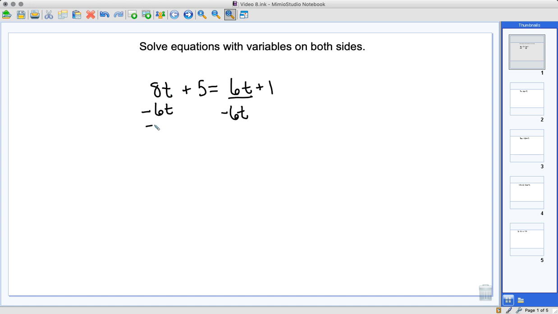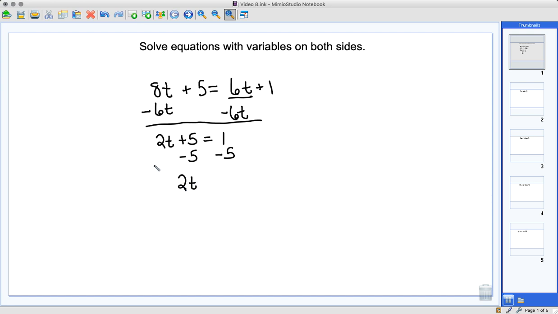So 8t minus 6t is 2t. I still have the plus 5, I didn't do anything with that, and I still have this plus 1 on the other side. So now again, we've related it back to a type of problem that we have done before. So then I'm going to subtract 5 from both sides.